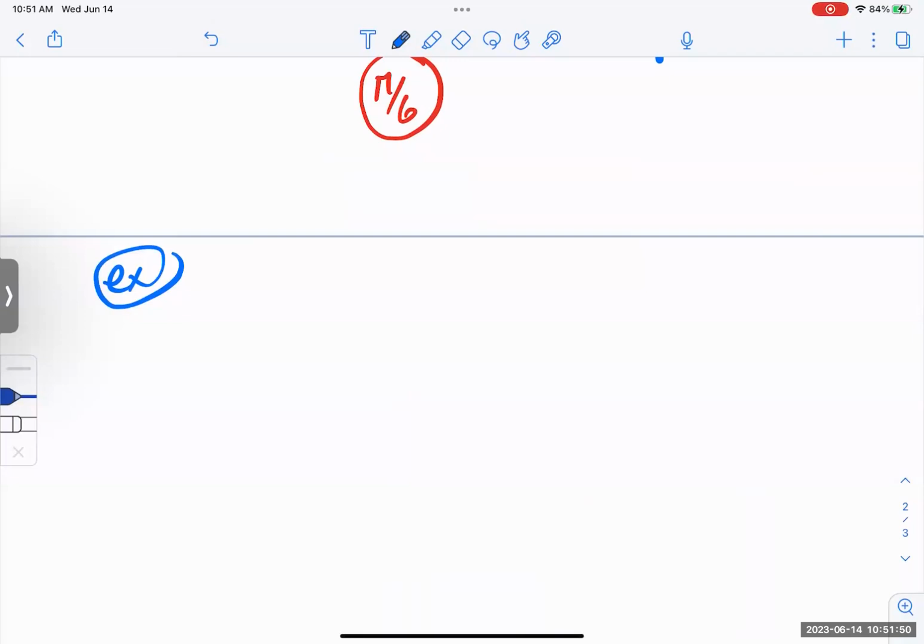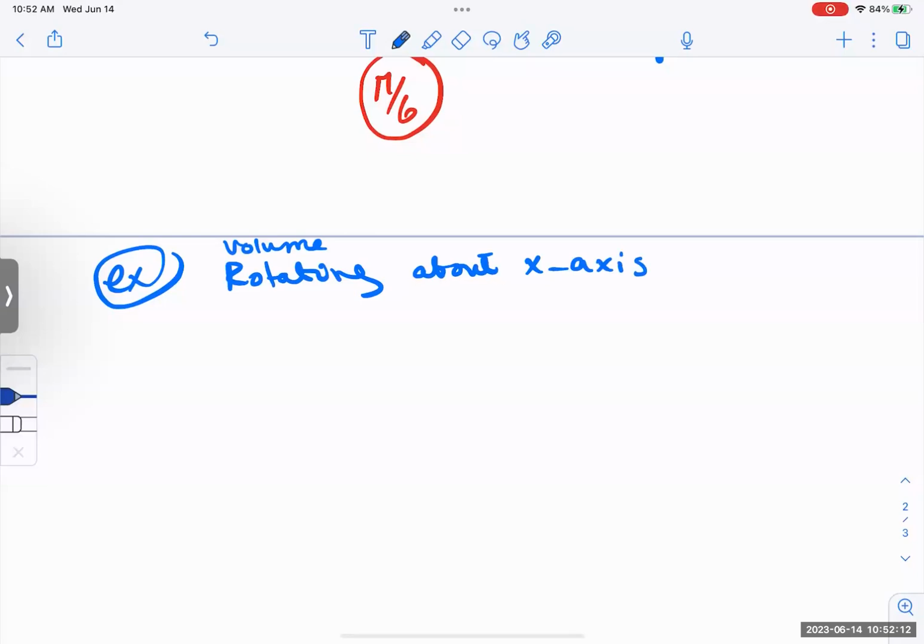The next example says, find the volume rotating about the x-axis, this time about the x-axis, under the curve y equals square root of x and above the x-axis.